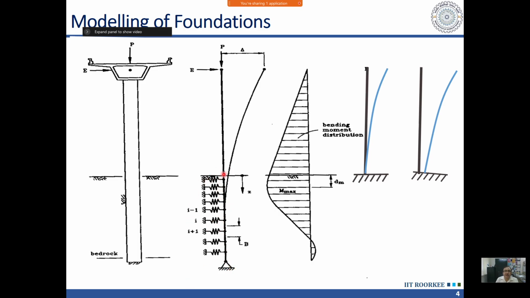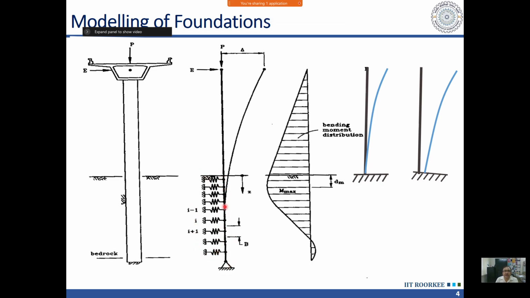So whether it is a bearing pile or a friction pile, the tip of the pile we support in the vertical direction. Please see here that the tip is supported in the vertical direction, and horizontally the stiffness of the soil is represented by springs.